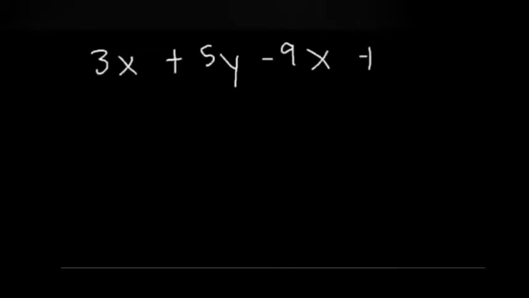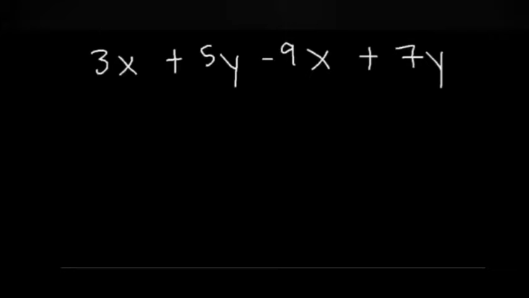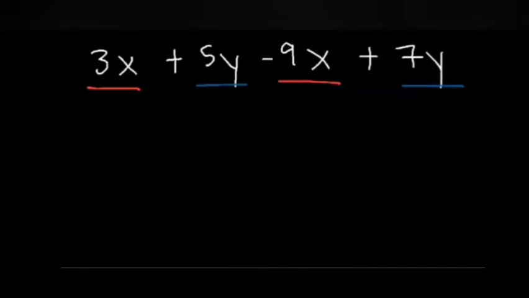Now take another example. We have 3x plus 5y minus 9x plus 7y. Pause the video and attempt it. Now to simplify this, 3x and minus 9x are like terms, and 5y and 7y are like terms.